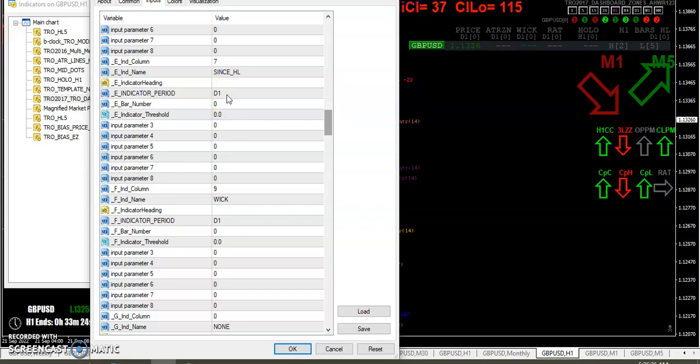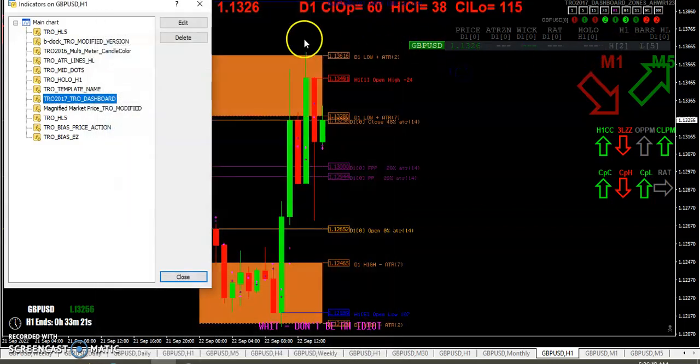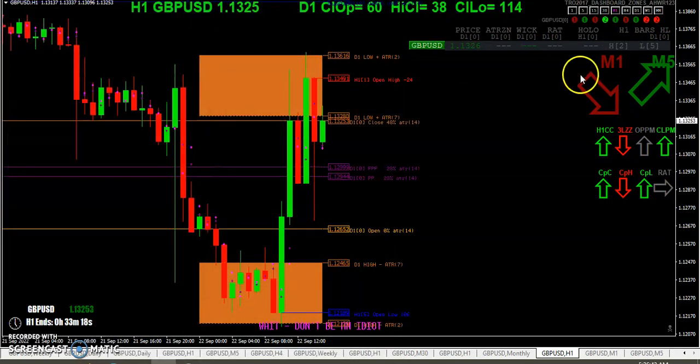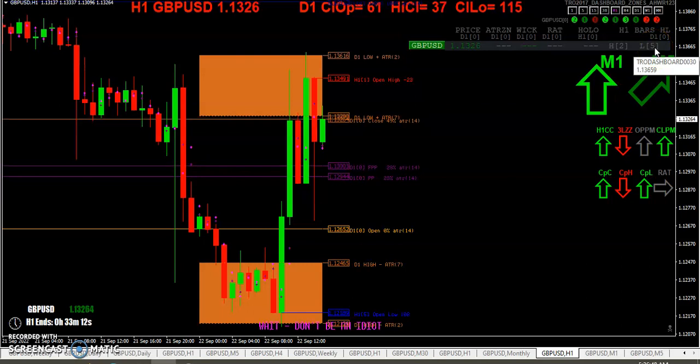Now, what this will tell you is for today, how many H1 bars ago was the high of the day made, and how many H1 bars ago was the low of the day made, if I remember correctly.